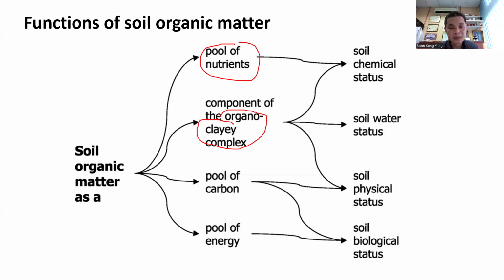Later I will explain that. And of course, it is a pool of carbon, a source of carbon to allow soil bacteria to work. And for information, soil bacteria, like the ones that fix nitrogen from the air, also give good nutrition to the soil. And also, it is the pool of energy.